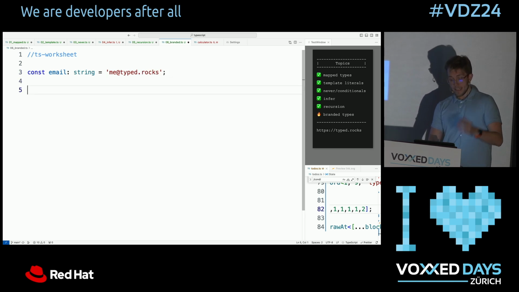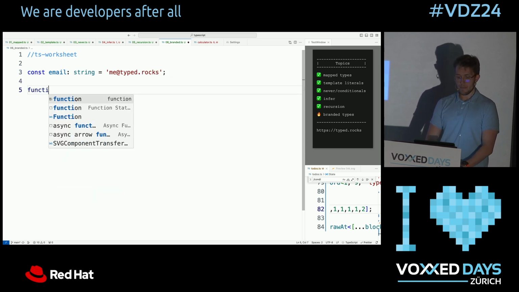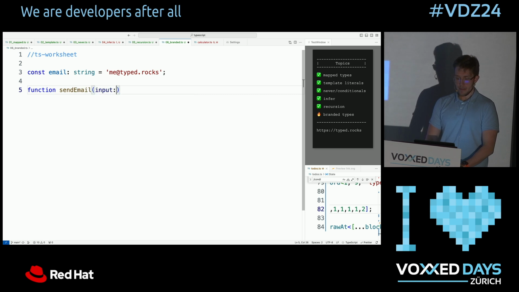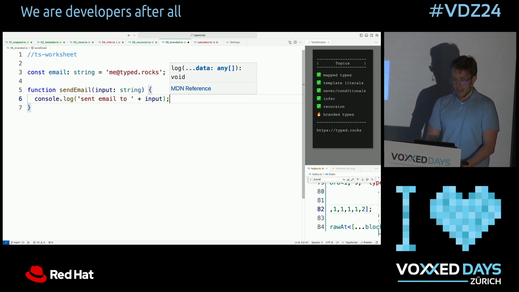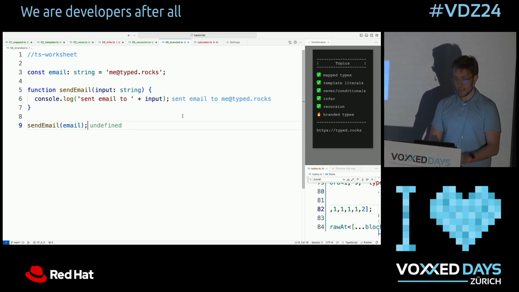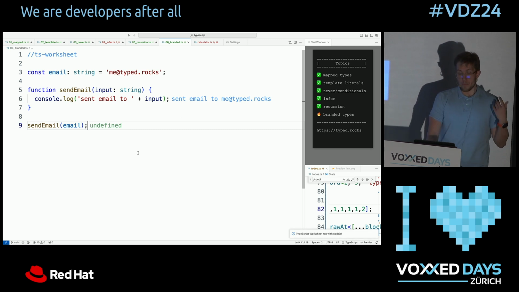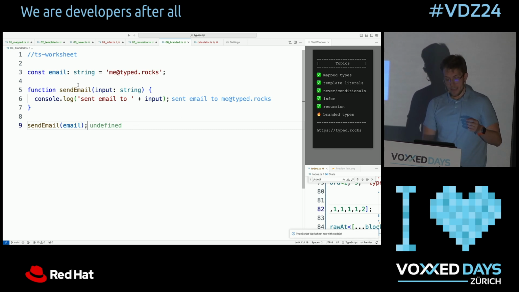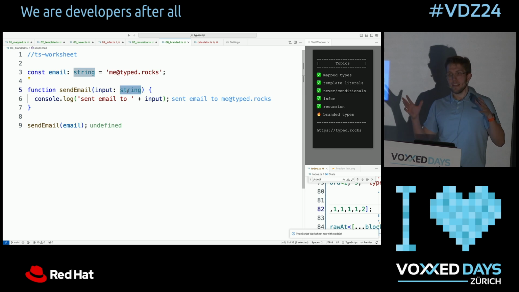Now let's say we have a function, and you want to send me an email, and I have an input here which is a string. Now I write console log send email to, and I have this input. Now of course I can just call this sendEmail with a real email, and all is fine, and this works well. Now the problem here is that these primitives can't be narrowed to a more specific one.